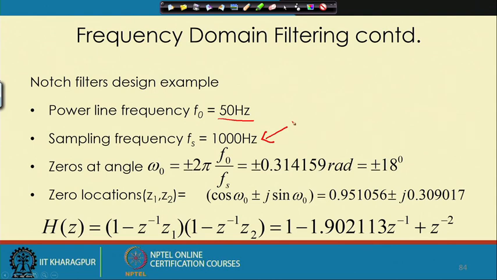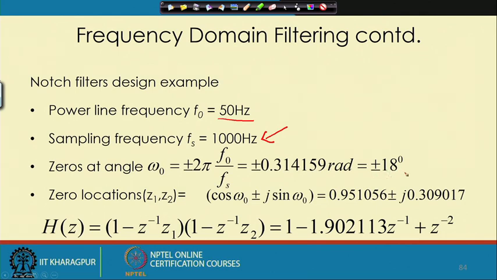To eliminate that, we first need to apply 2 zeros at plus minus 2 pi f0 by fs. So, we get the angle in radians and that can be converted to degrees. We get plus minus 18 degrees. If we have 2 zeros, that can help us get rid of the 50 hertz component of the signal.